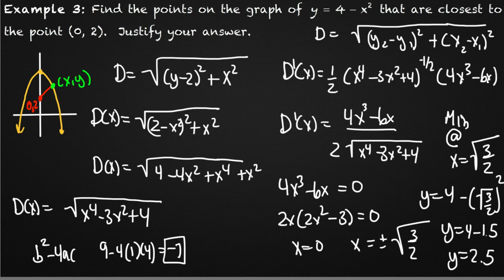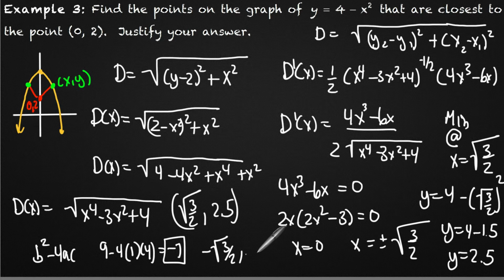So there's going to be 2 points on this graph where the distance is at a minimum. And those 2 points are, running out of space, but they're going to be root 3 over 2 comma 2.5, and then negative root 3 over 2 comma 2.5. And those are the 2 points that are closest to 0, 2.